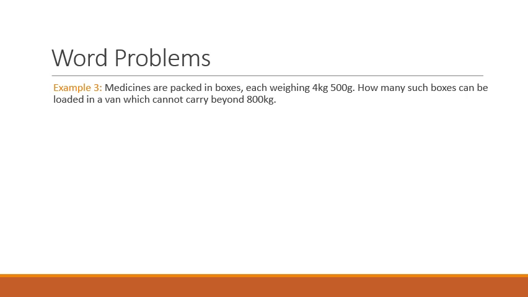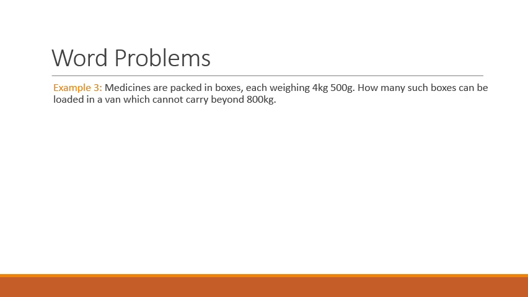Example 3. Medicines are packed in boxes, each weighing 4 kg 500 grams. How many such boxes can be loaded in a van which cannot carry beyond 800 kilograms? Now what does this question mean? In this question, it is said that a few medicines are packed in boxes.